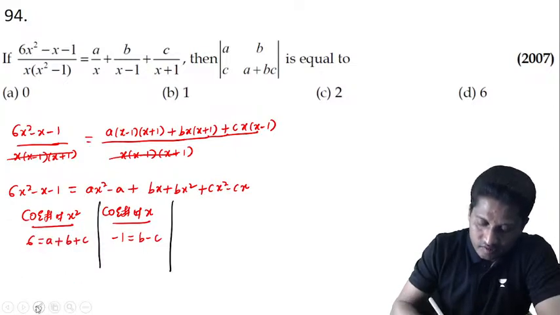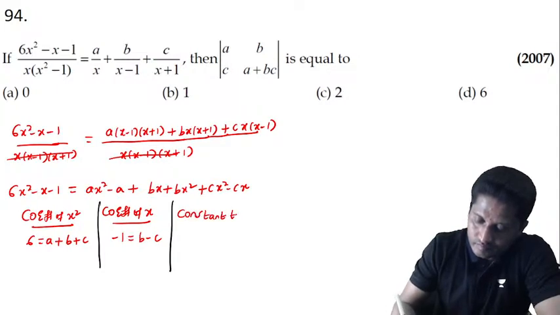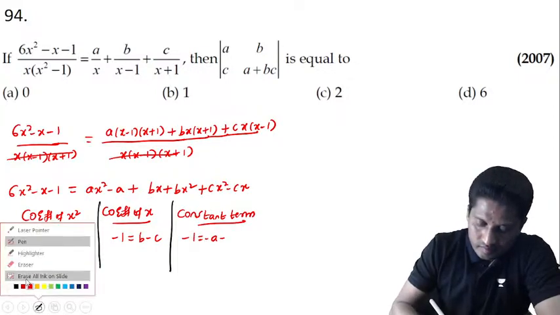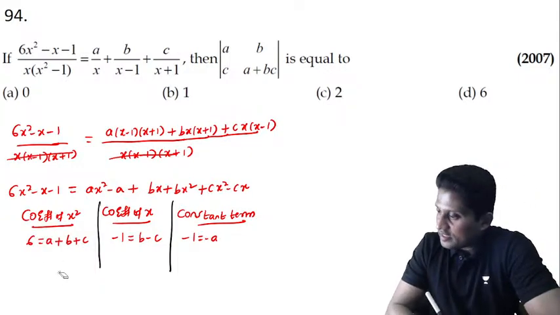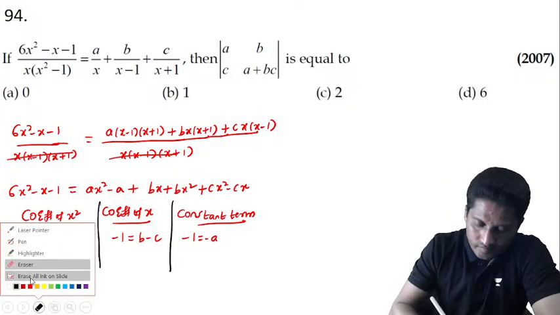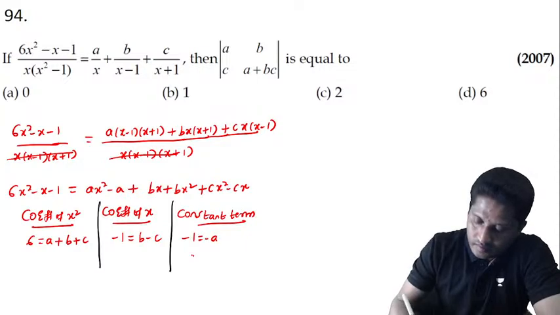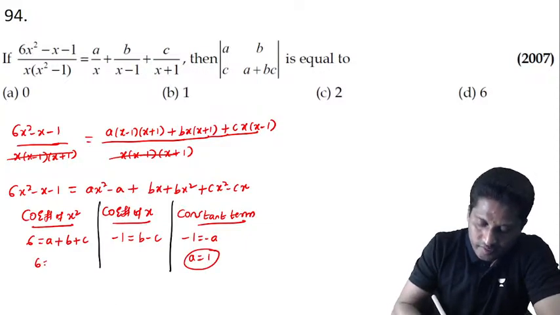And if I equate the constant term, minus 1 is equal to the constant term, which is minus a, right? You get a is equal to 1. A is equal to 1. If I substitute, you get 1 plus b plus c. Okay, b plus c is equal to 5.